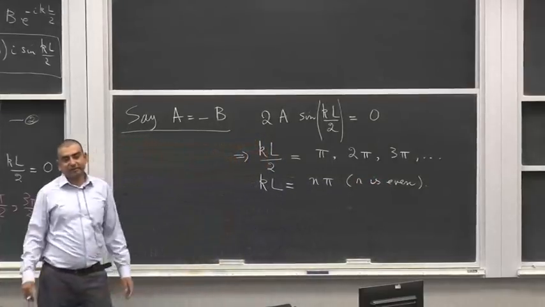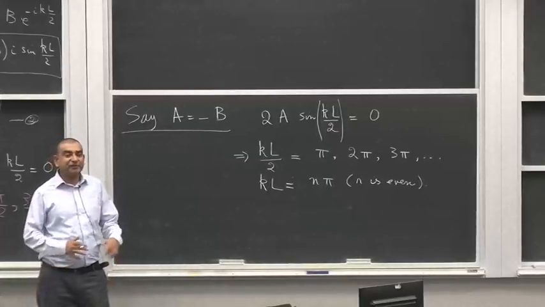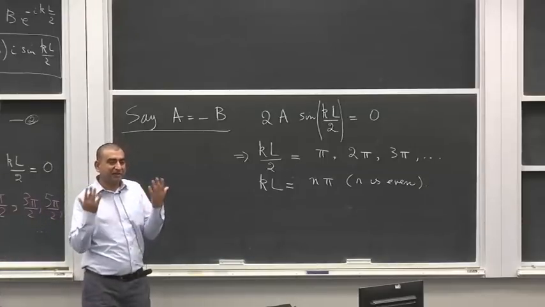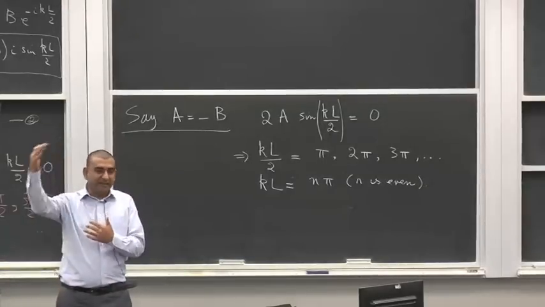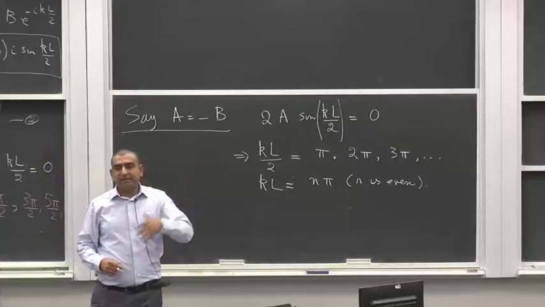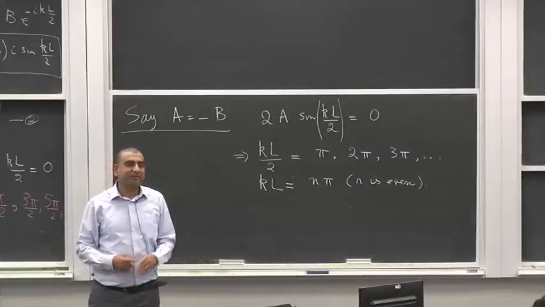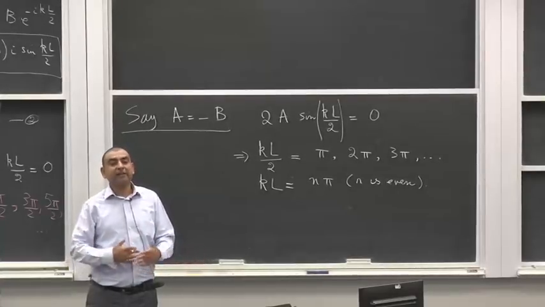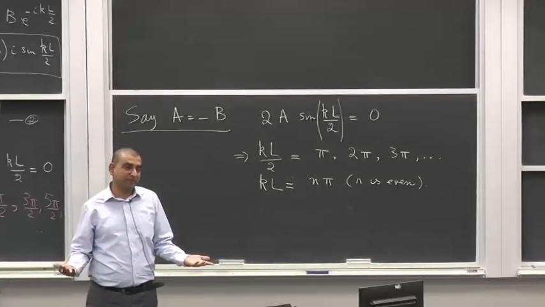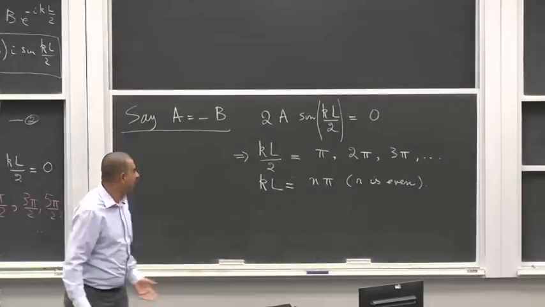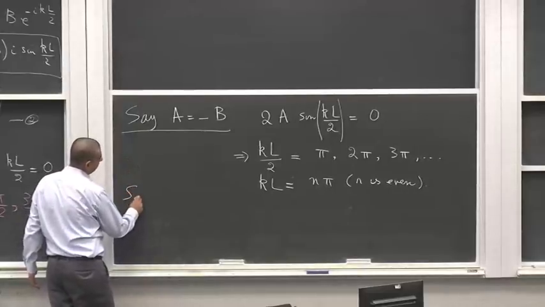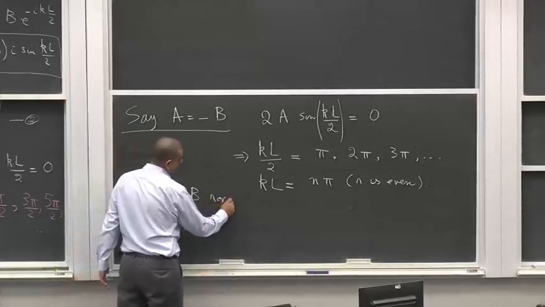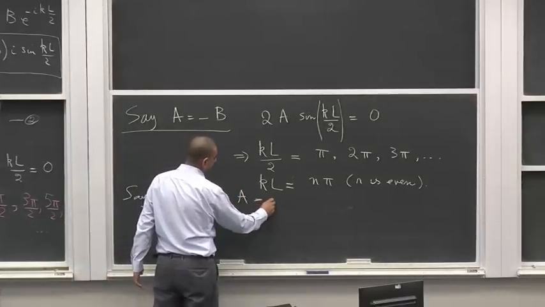What's the third possibility? The third possibility is that A is not equal to B and it's not equal to minus B. Right? So there are only three possibilities. One possibility is A equals B. The other possibility is A equals minus B. The third possibility is that A is neither.